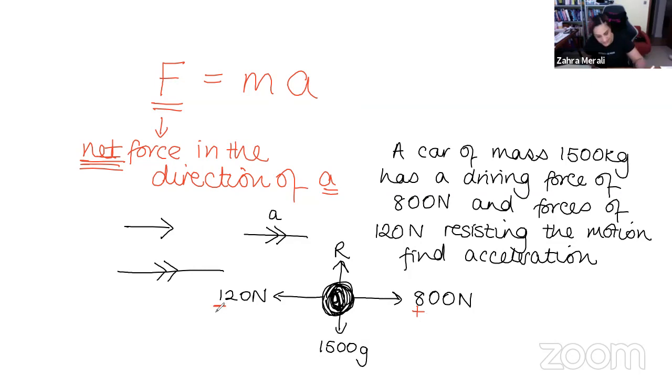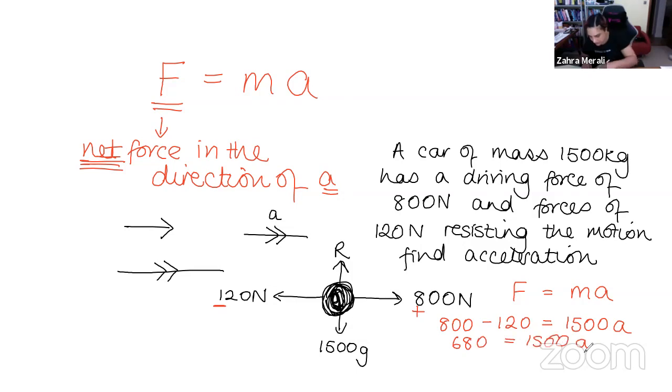Against it is going to be a negative. So my F equals ma, my net force is going to be 800 minus 120. My mass is 1,500, and I want to find out A. So 800 minus 120 gives me 680. A, and if I divide that by 1,500, I get my acceleration as 0.543 meters per second squared.